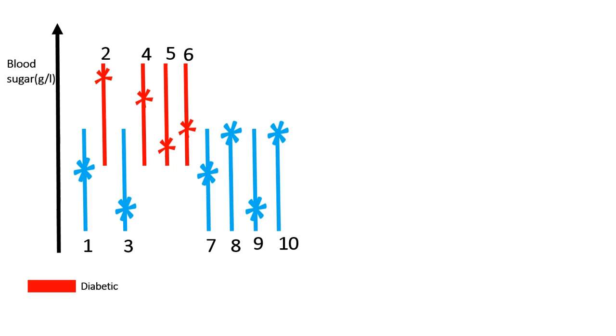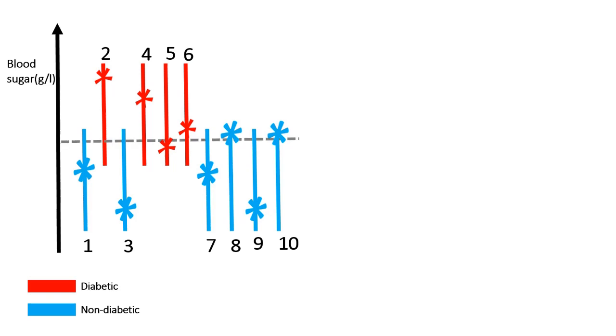Those in red represent subjects that are diabetic. When I say diabetic here, I'm referring to it from a clinical point of view. We are not basing this diagnosis on a threshold. Those in blue are not diabetic.